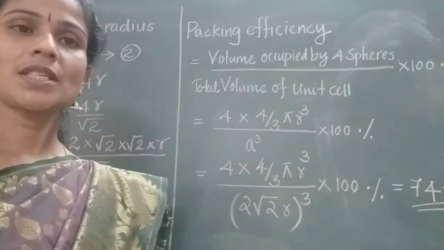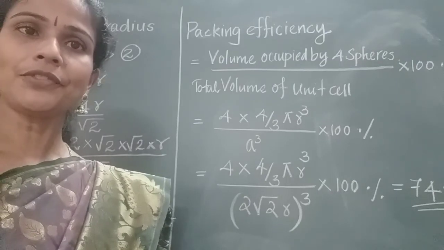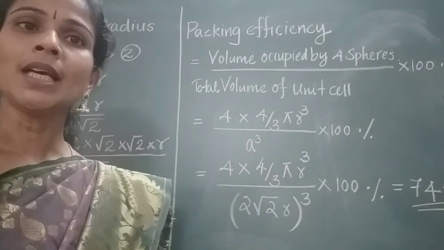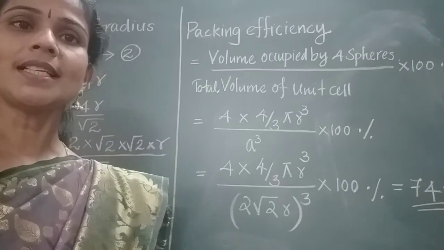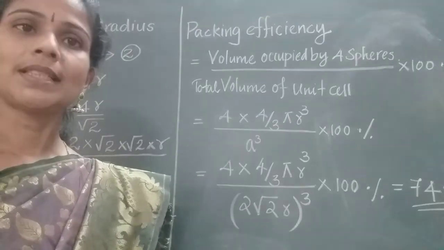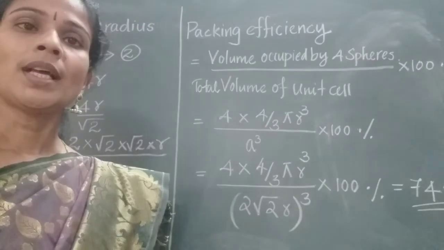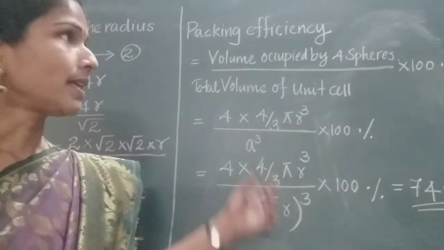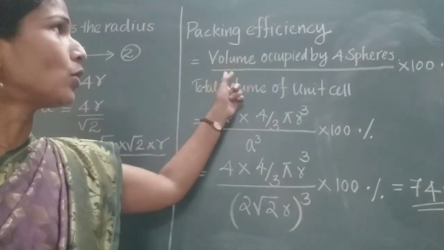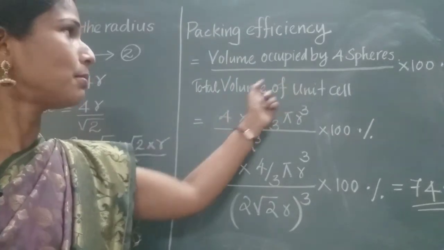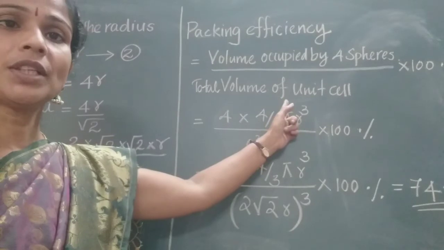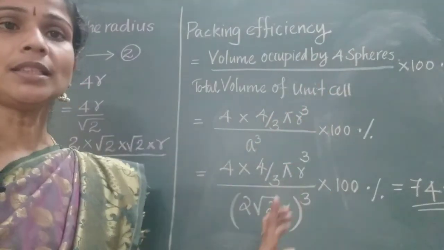Packing efficiency is the percentage of total space filled by the particles. For an FCC lattice the effective number of particles is equal to 4. Then the packing efficiency is equal to the volume occupied by 4 spheres divided by the total volume of the unit cell into 100%.